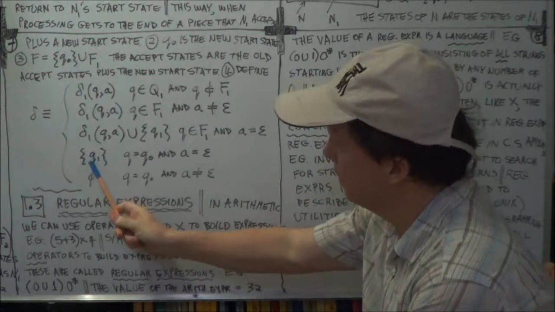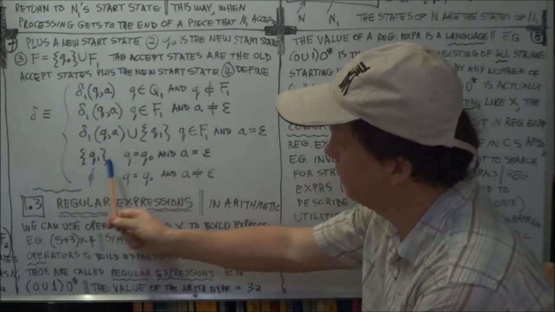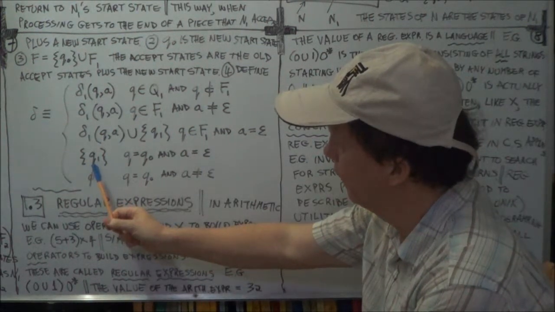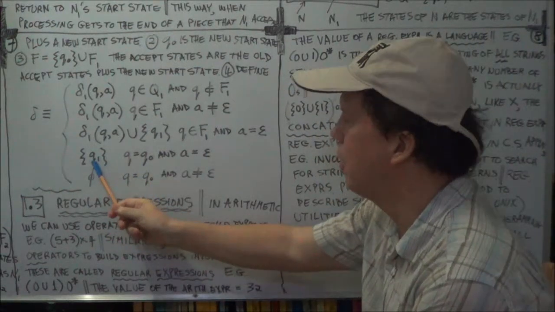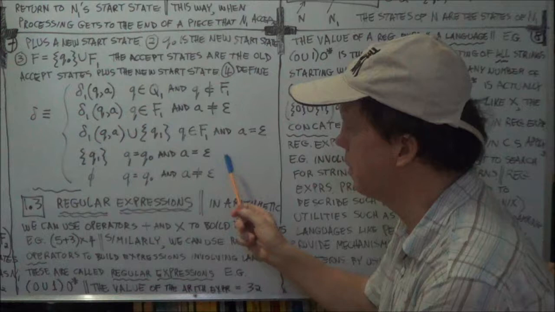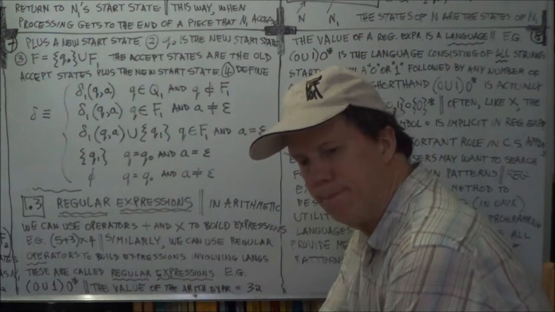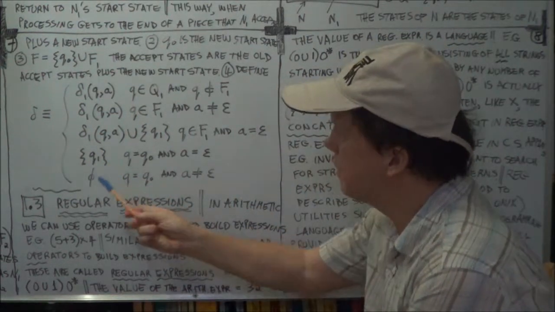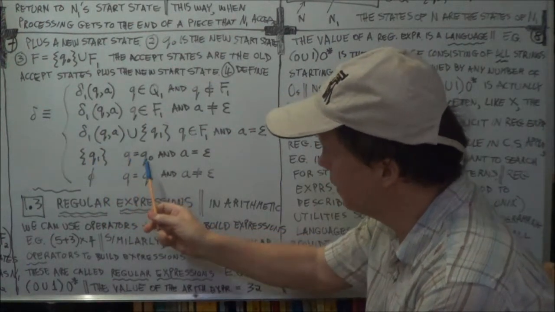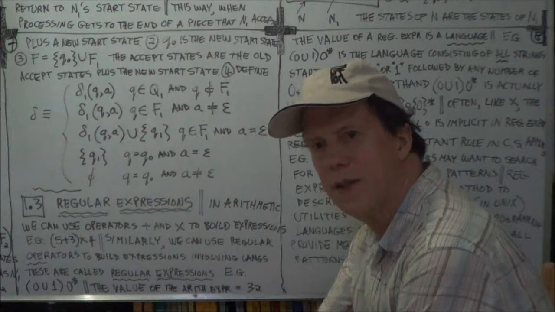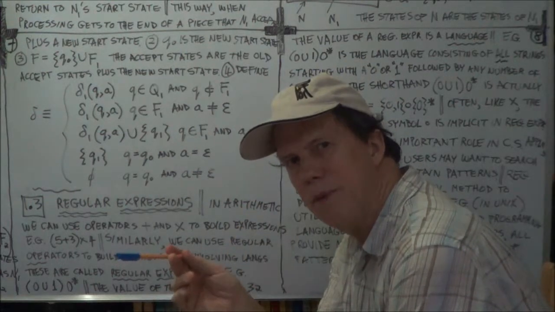Now, what's going on here? Oh, now this was the special case. So this is the next state, right? So the current state's Q0. That was the start state, the state that's outside N1.